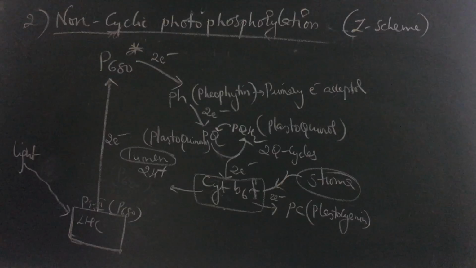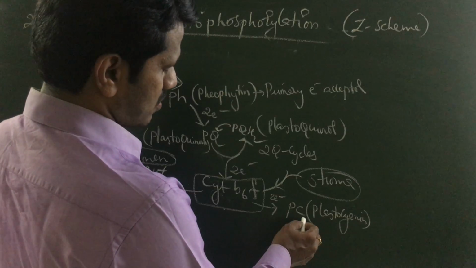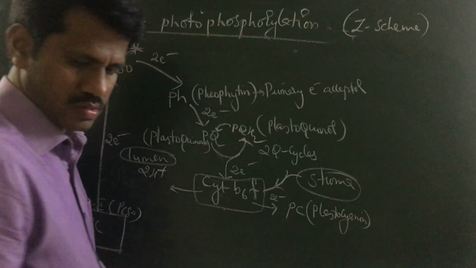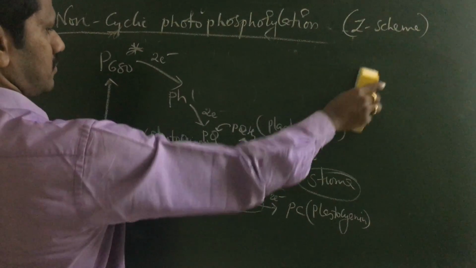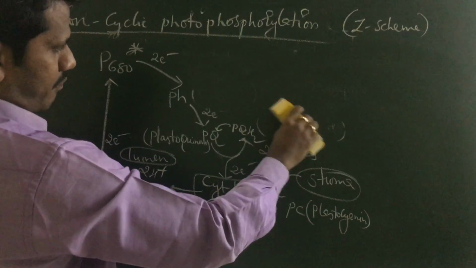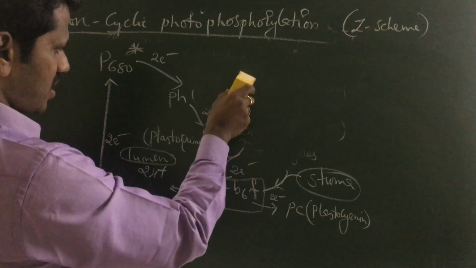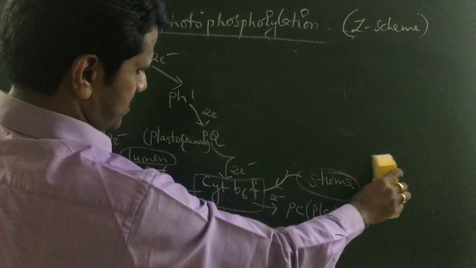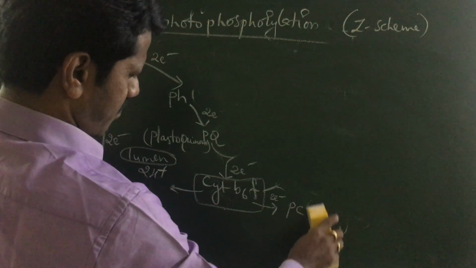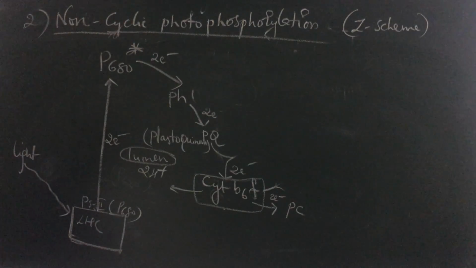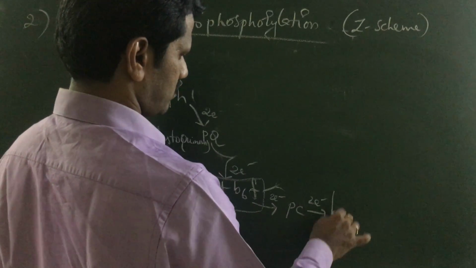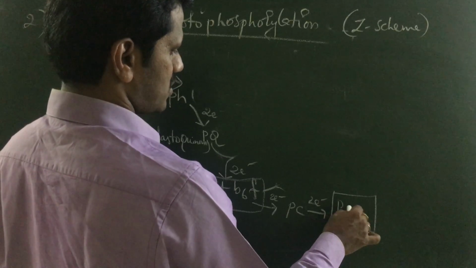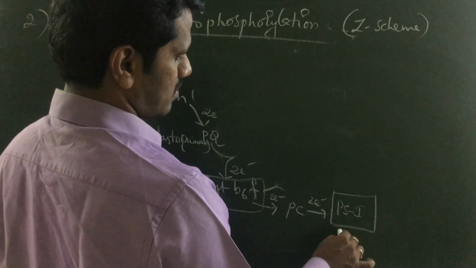PC stands for plastocyanin, and then from PC the electrons move to photosystem 1, that is P700.